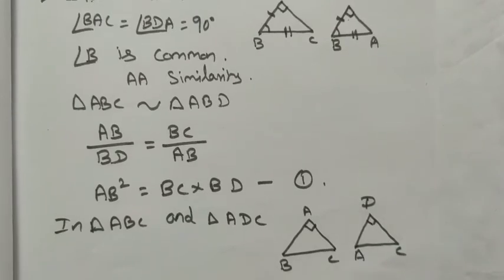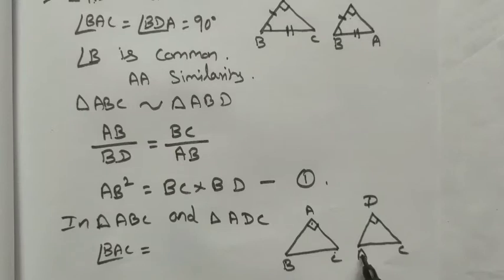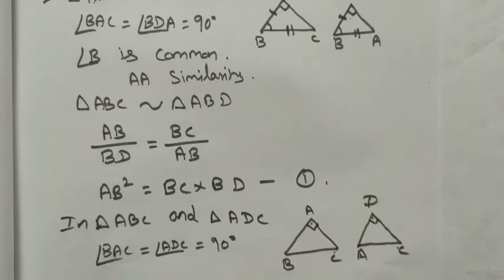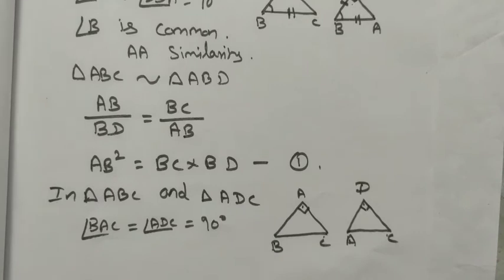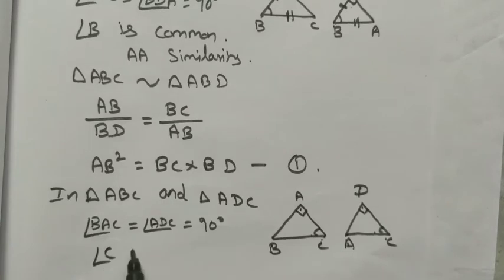So by the condition, angle BAC is equal to angle ADC, both are 90 degrees. And another condition: angle C is common in both triangles.